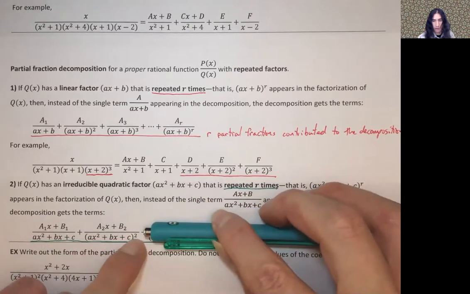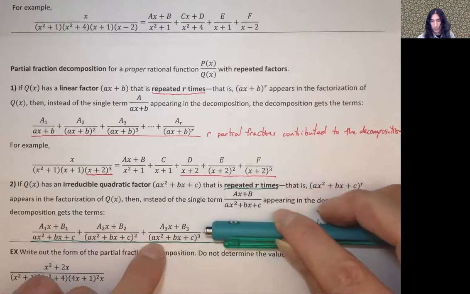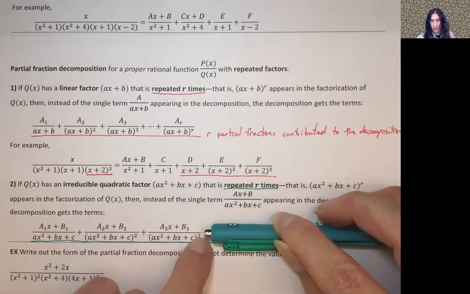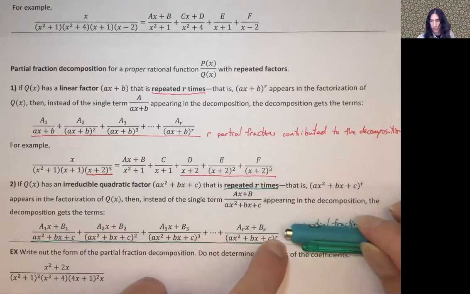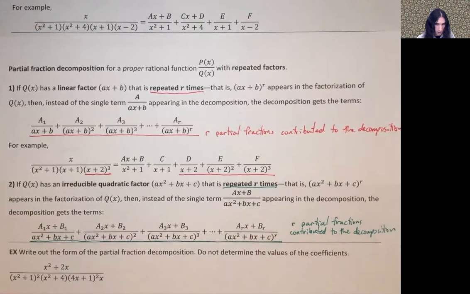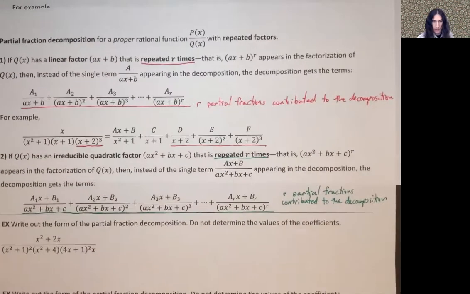So there's the second partial fraction contributed, still has an unknown linear in the numerator. The third partial fraction contributed still has an unknown linear in the numerator. And you just count all the way up to r for a total of r partial fractions contributed to the full decomposition.